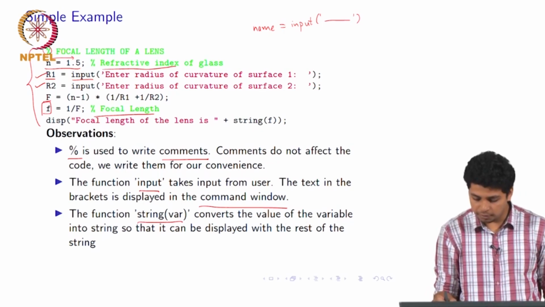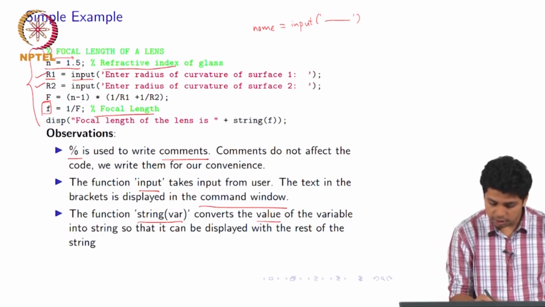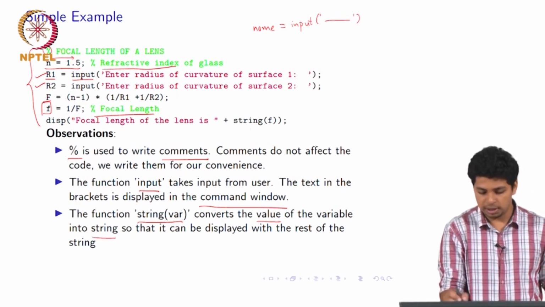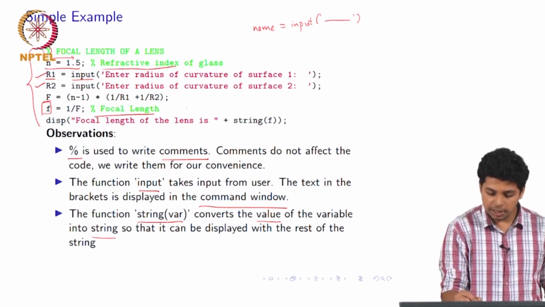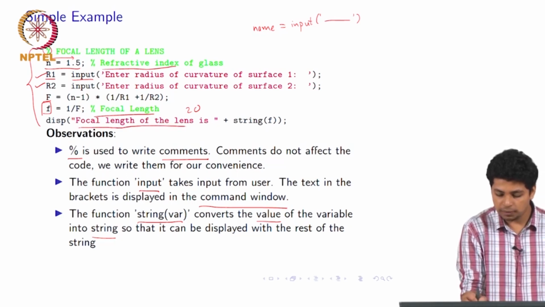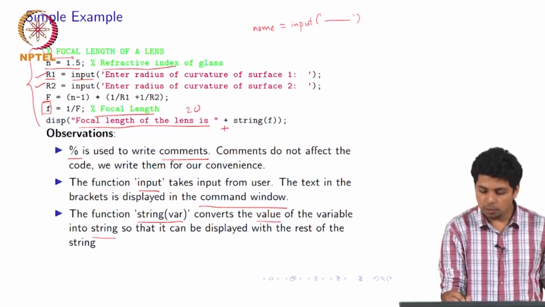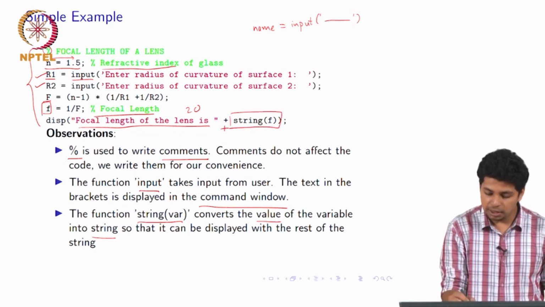It converts the variable type into string, so that it can be displayed along with the rest of the string that is present in display. So how that works is, say the value of focal length that we get is 20, and in the inverted commas we have put 'the focal length of the lens is', it will be displayed as it is, and we put a plus here, so that the output of string can be appended to this one.